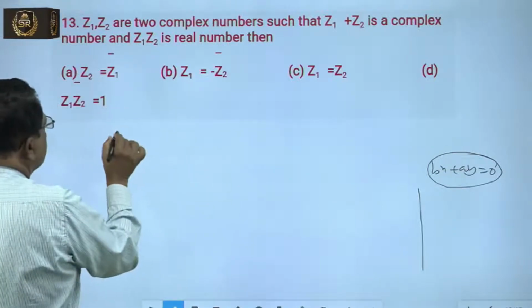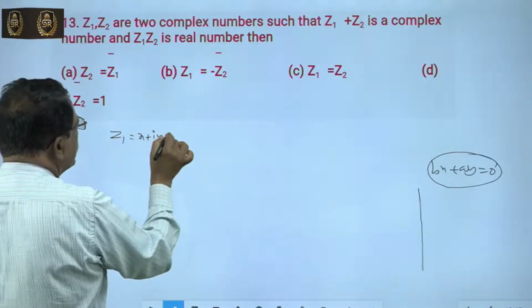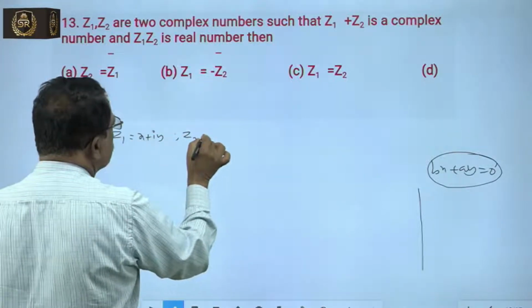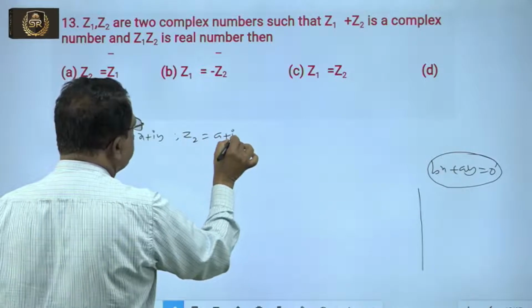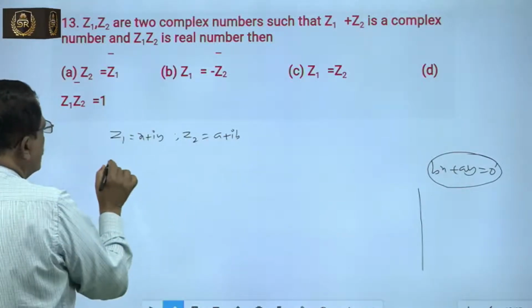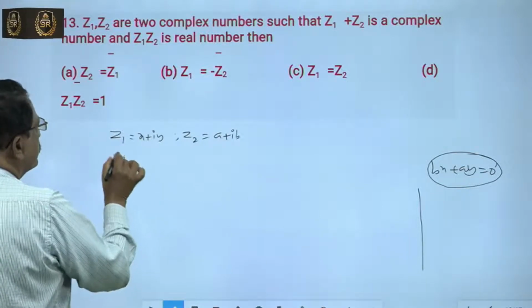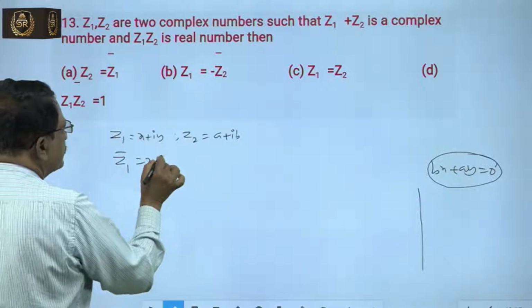Suppose we take the options here. Z1 equals x plus iy, Z2 equals a plus ib. Now Z1 bar equals x minus iy.